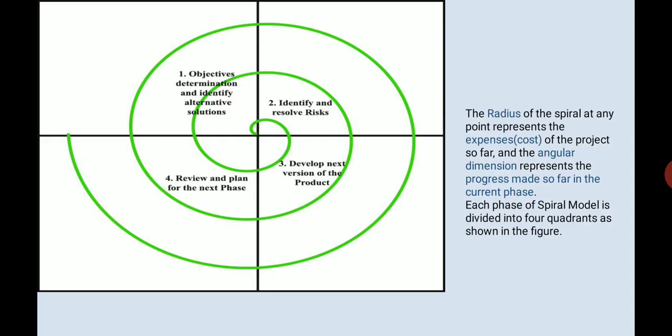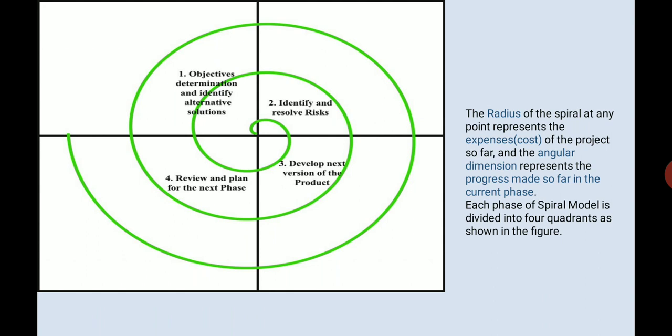This is how we can see it in the diagram. There are 4 quadrants that the image is divided into, and there's a spiral green line going around. The very first quadrant is objectives determination and identifying alternative solutions. So you are determining the objective and looking for alternative solutions also.